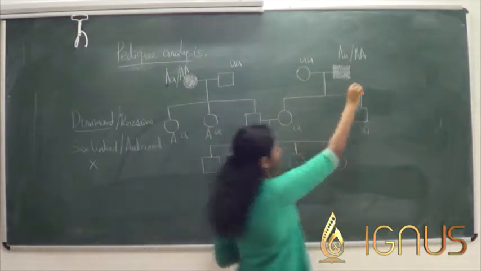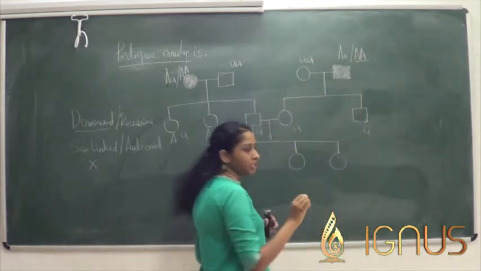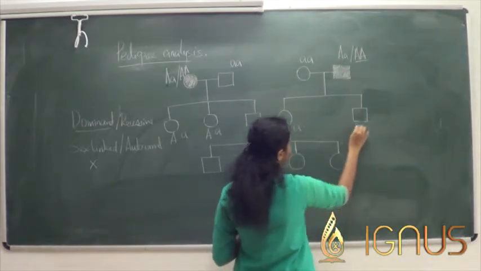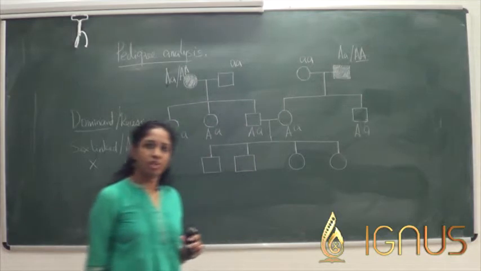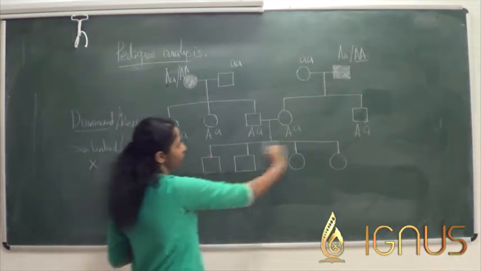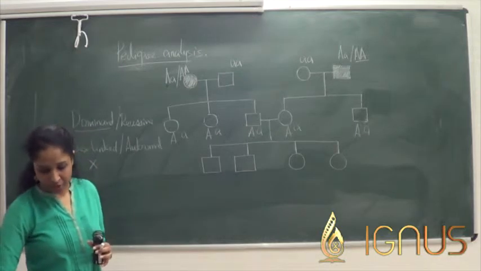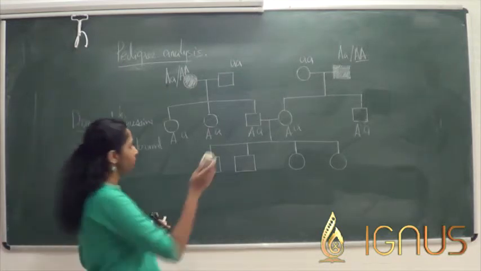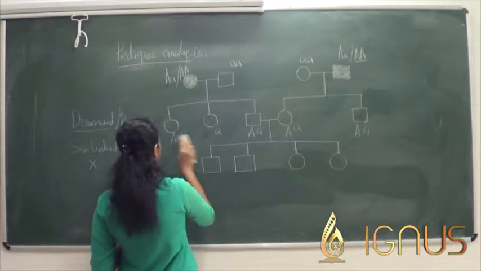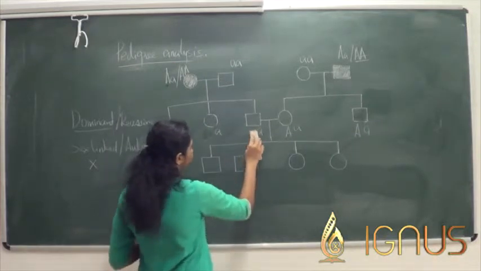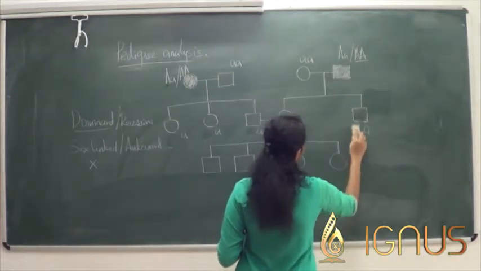If he is double dominant, then all of them will have the dominant trait. So all of them need to be affected, which is not the case. So it cannot be that they are double dominant. Alright, so we are taking this out.